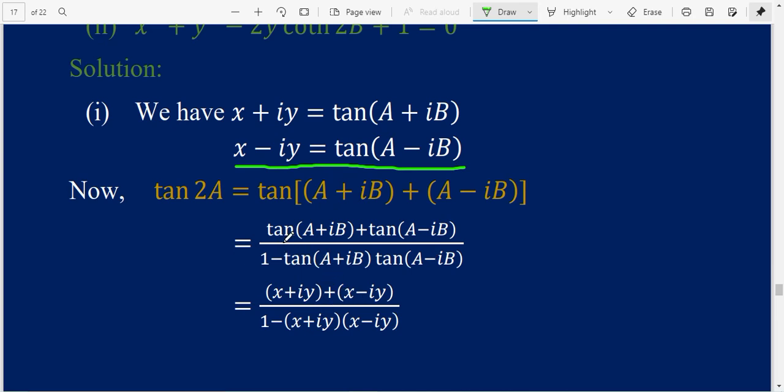So tan(a plus ib) is equal to x plus iota y, and tan(a minus ib) is equal to x minus iota y.